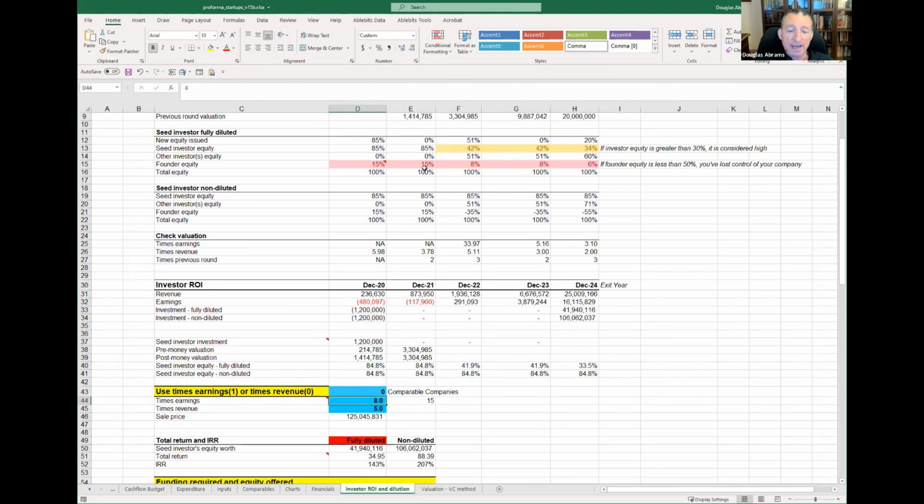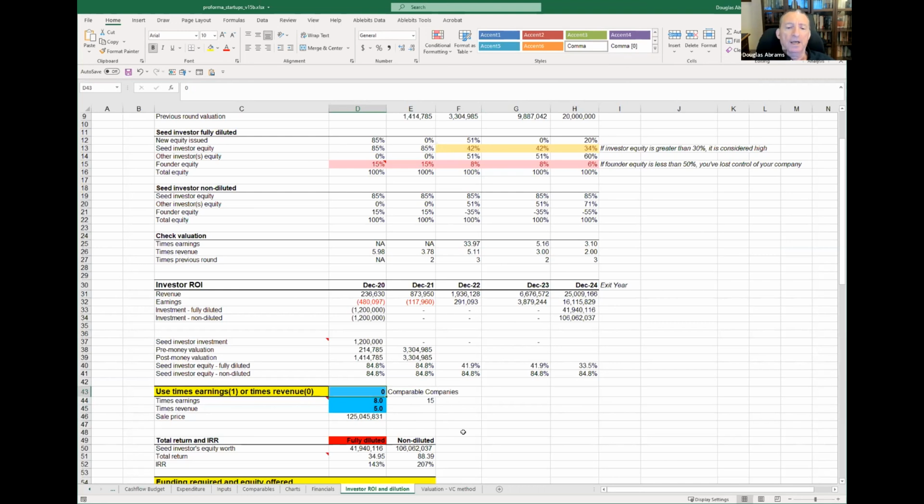Right now it's set to 0. We're using a 5 times revenue multiple. So exit year revenue is 25 million, and 5 times 25 million gives us 125 million. So our estimate of the company's exit valuation is 125 million using a revenue multiple.